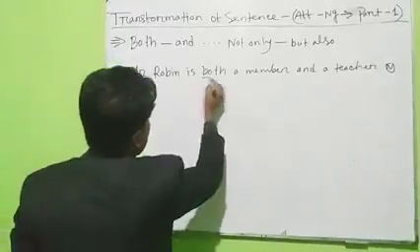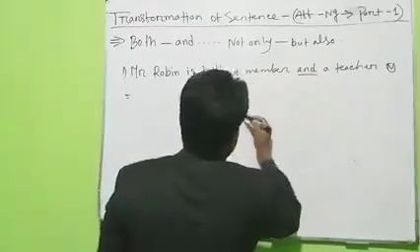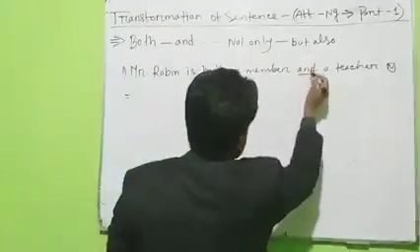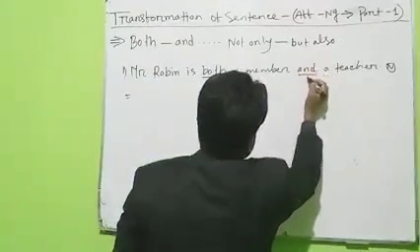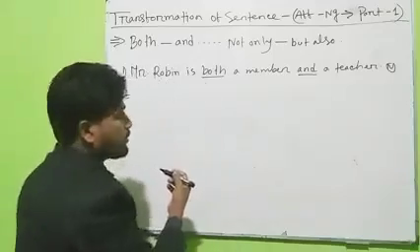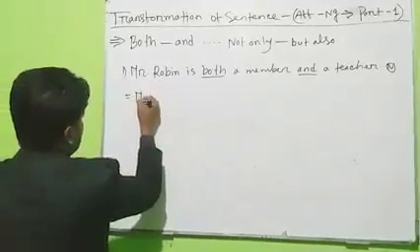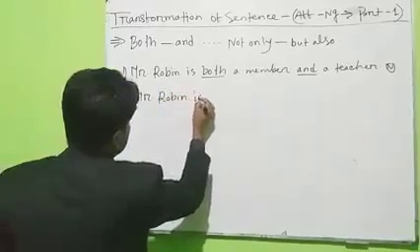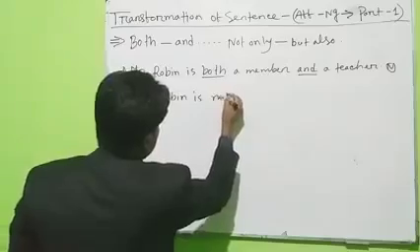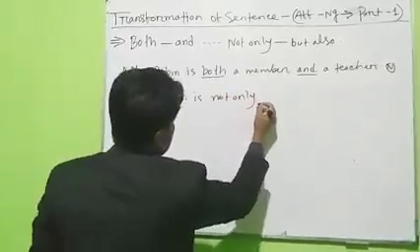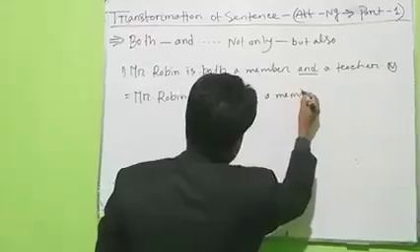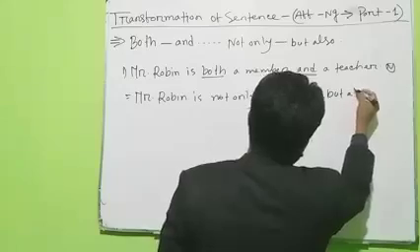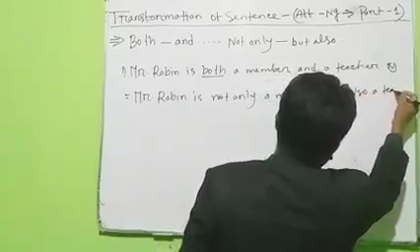Here there is the word both and there is the word and. You have to use not only instead of both, and you have to use but also instead of and. In this way you have to make it into negative. Mr. Robin is not only a member but also a teacher.